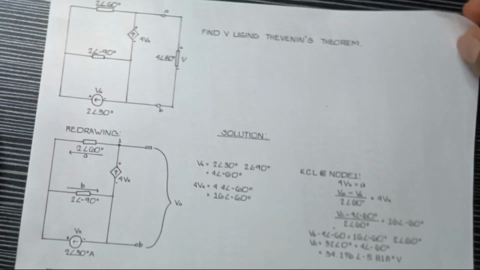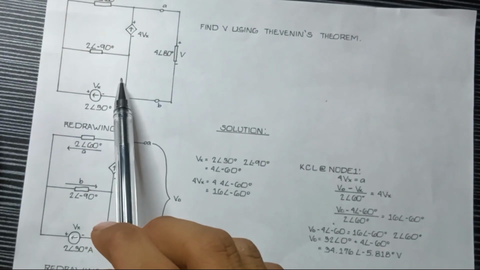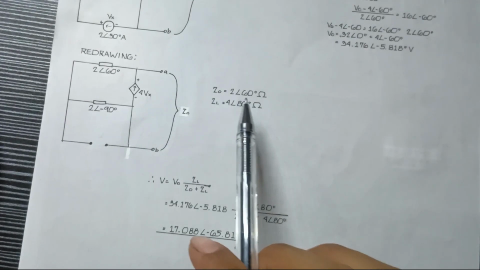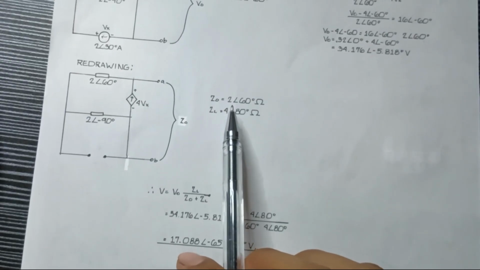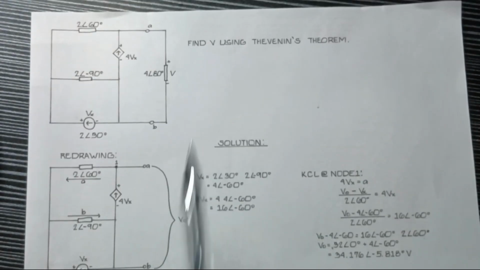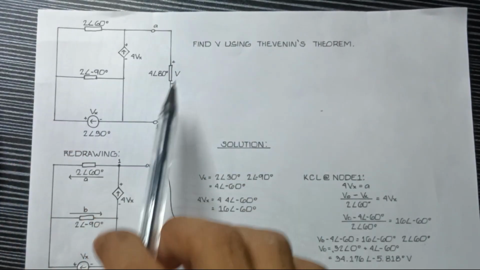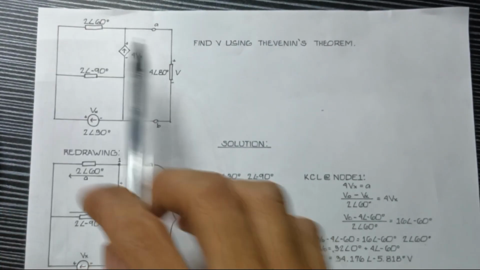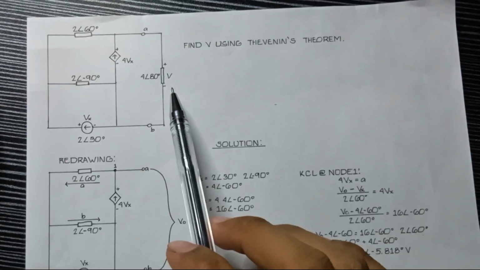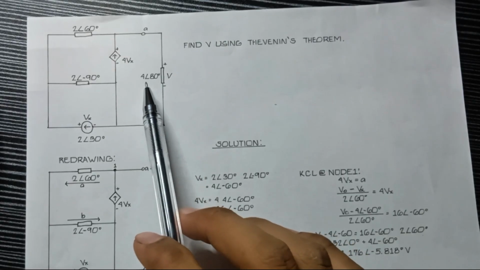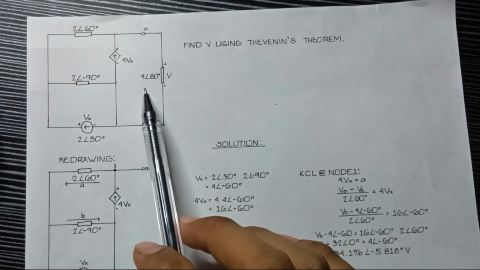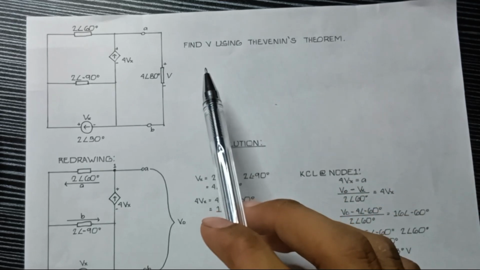And upon inspection of our original circuit, since we obtained that the looking back impedance is 2∠60°, connecting that to the 4∠80°, they would be in series. We could obtain the voltage value for our 4∠80°, which is required in the problem, using the voltage divider rule.